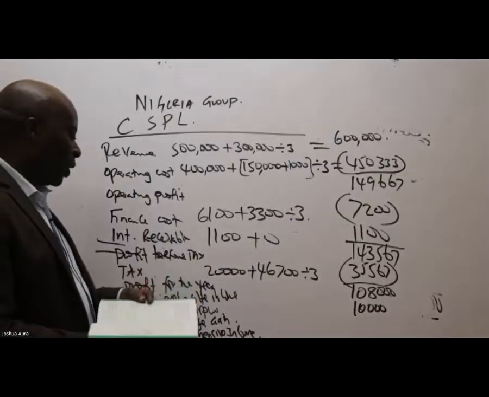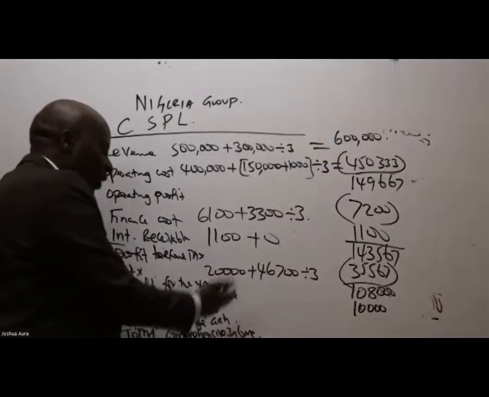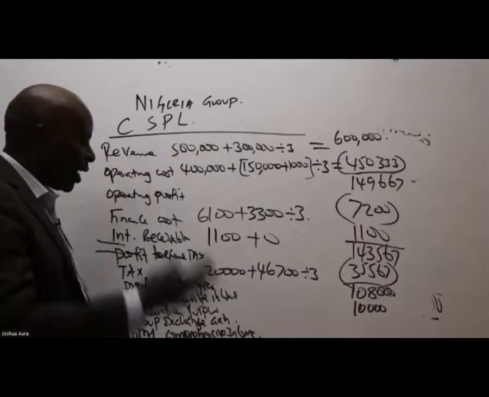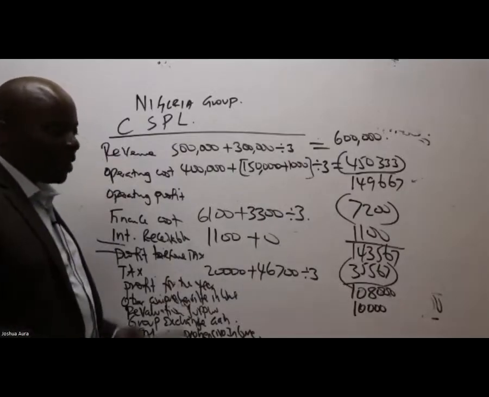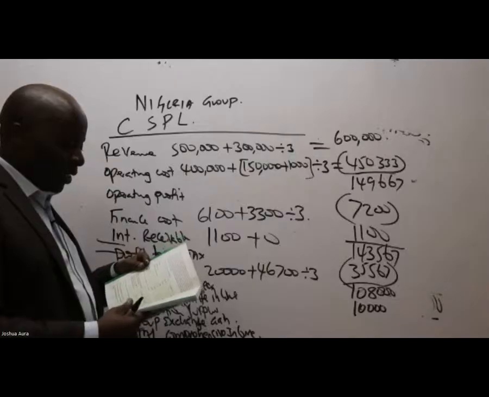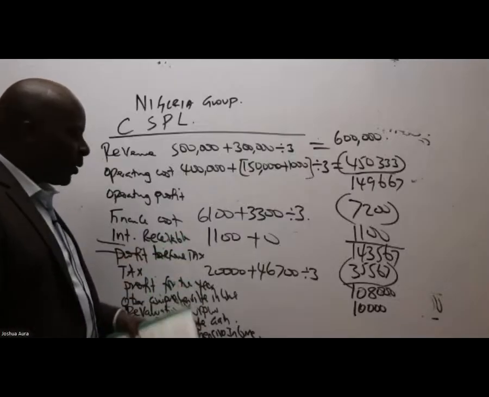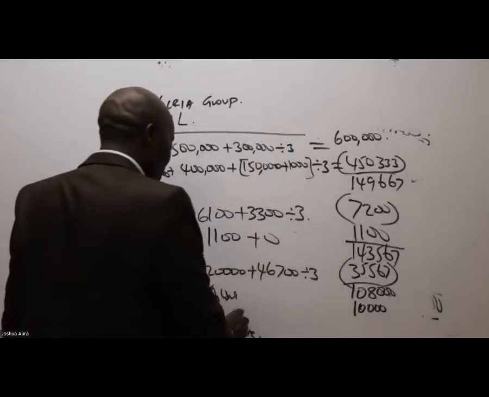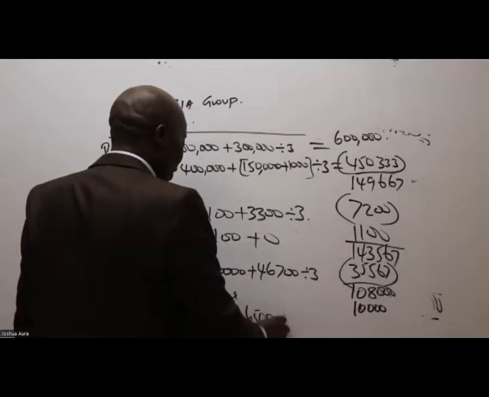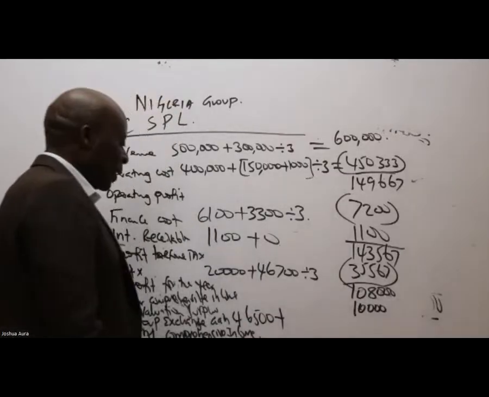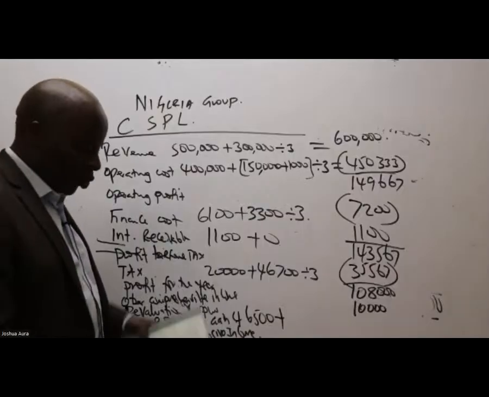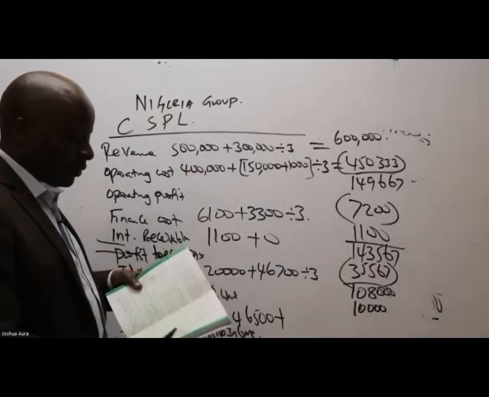The group exchange gain: don't share. You take the whole figures before sharing. Are you able to give us those group exchange gains? I remember one of them was 4,600 for the net assets. And for the goodwill, the group exchange gain, don't share. 77.5, was it?